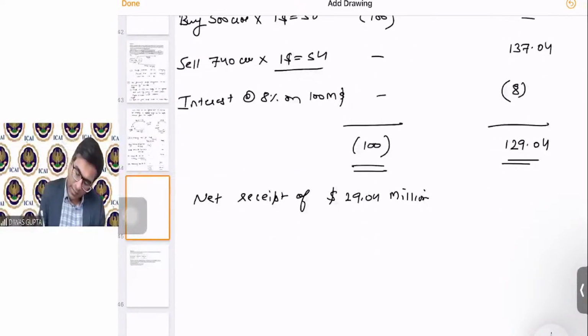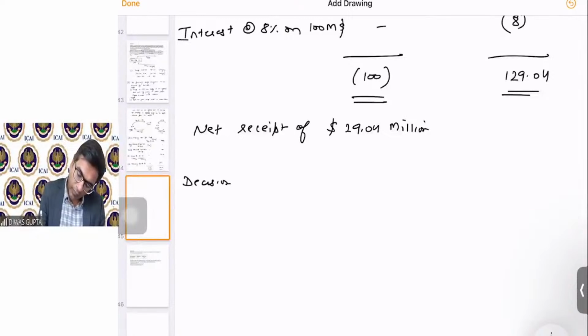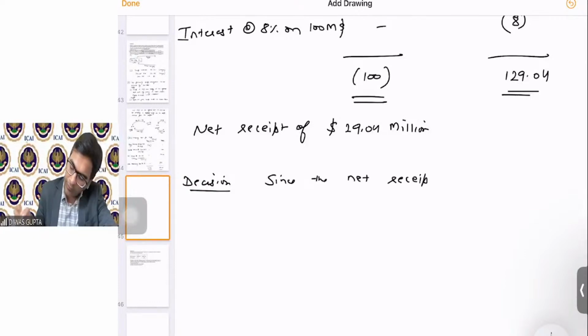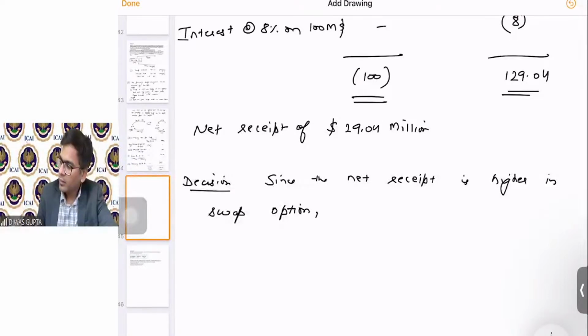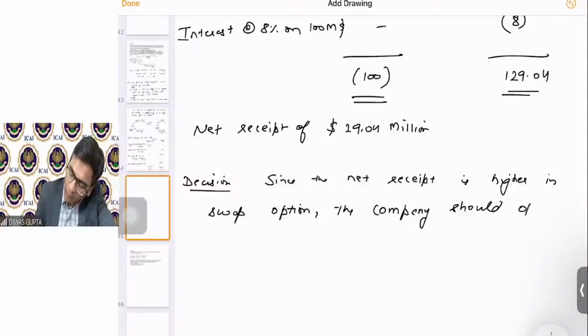So what is our decision, students? Decision is, since the net receipt is higher in swap option, the company should opt for the same.